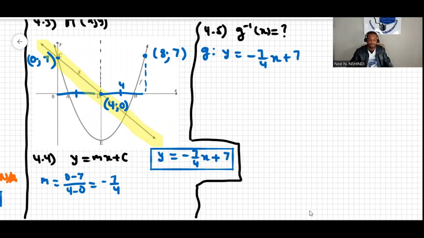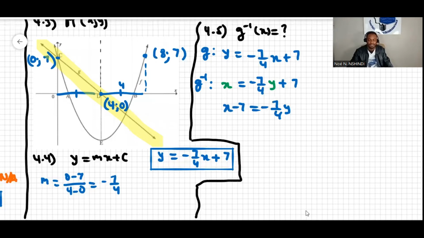Now g minus 1 is when we switch the variables x and y. So x becomes y and y becomes x: x will be equal to negative 7 over 4 y plus 7, and then we're going to make y the subject of the formula. I'll move positive 7 over, which makes x minus 7 equal to negative 7 over 4 y.